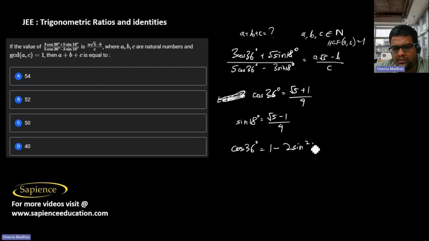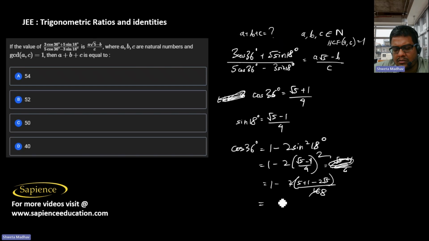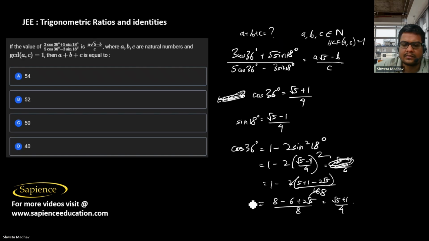So it is 1 minus 2 sine square 18 degree, that is 1 minus 2 into ((root 5 minus 1) by 4) whole square. If we solve it, we get 1 minus 2 into (5 plus 1 minus 2 root 5) by 16. So 2 8 is 16. So this will be (8 minus 6 plus 2 root 5) by 8. So this will be (root 5 plus 1) by 4.